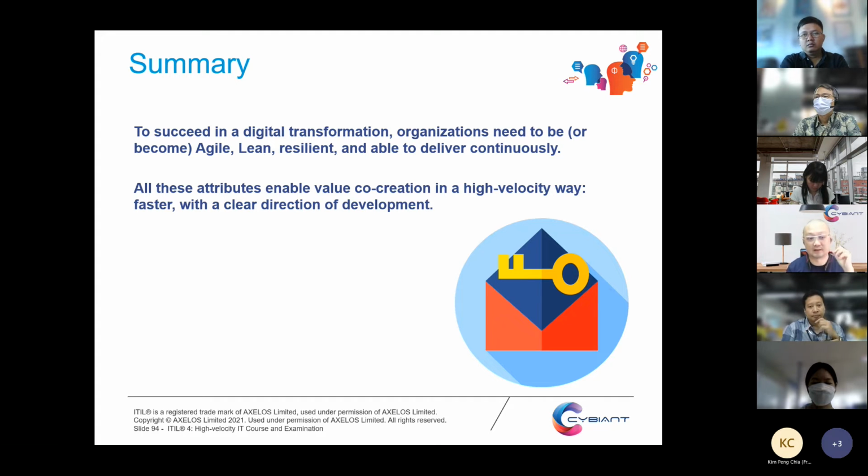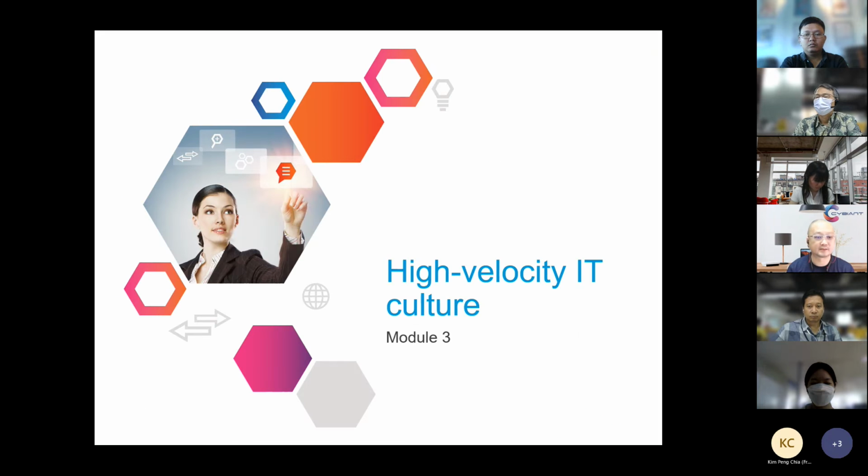Because we need to do things faster and also with a clear direction of how to serve our customer better. The fact that you are doing this is because you want to learn this, so you can help BCA become better. That's the whole gist of high velocity: how to make BCA better. And then we discuss. Any questions so far?